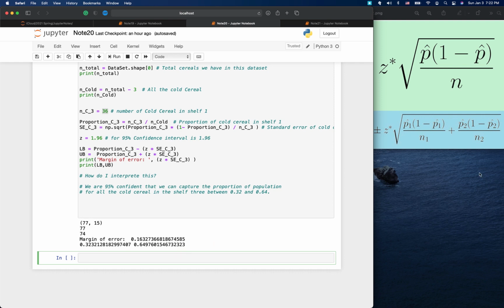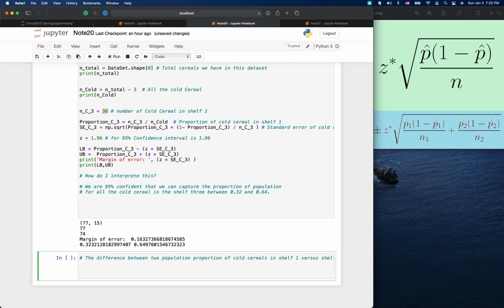Okay, so now what I want to do is find the confidence interval for the difference between two population proportions of cold cereals in shelf 1 versus shelf 3.